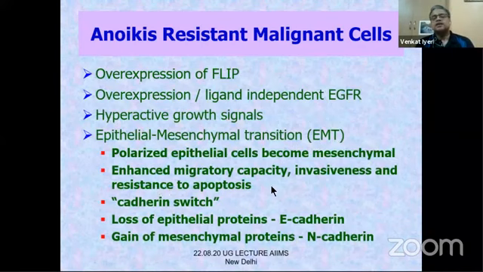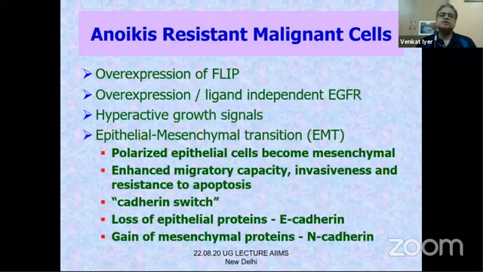There is migratory capacity, invasiveness, and even if it is detached from the ECM, it is resistant to apoptosis. And this is controlled by something called a cadherin switch. So instead of the E or epithelial cadherin, there is N cadherin expression, which is a mesenchymal protein.